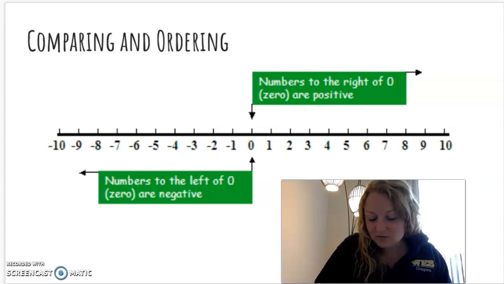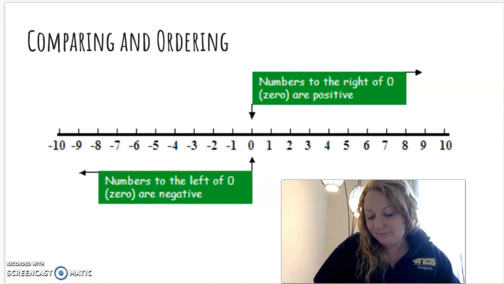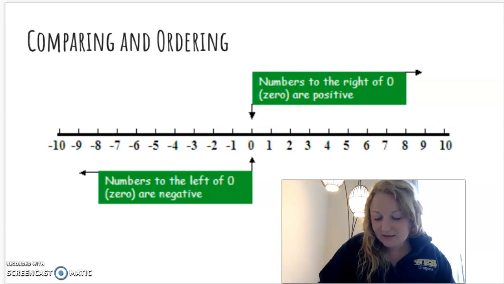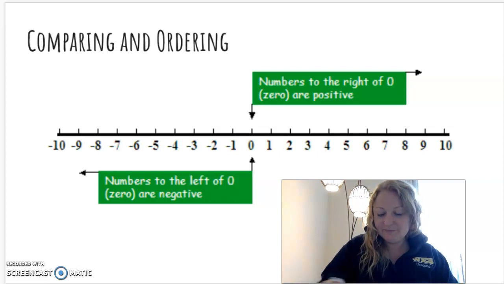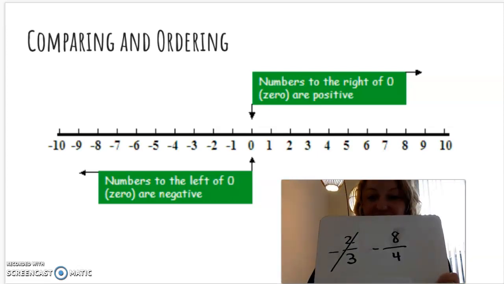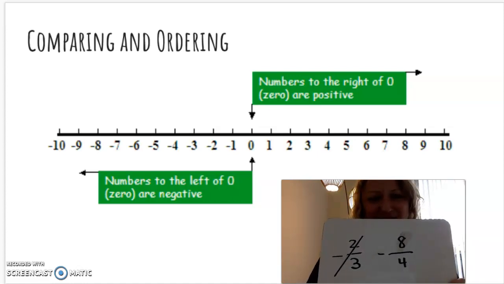What do you think about -8/4? Do you think -8/4 is an integer? At first you might look at that and think, oh no, that's a fraction, it's not an integer. But I want you to think about what type of fraction it is. It's improper.